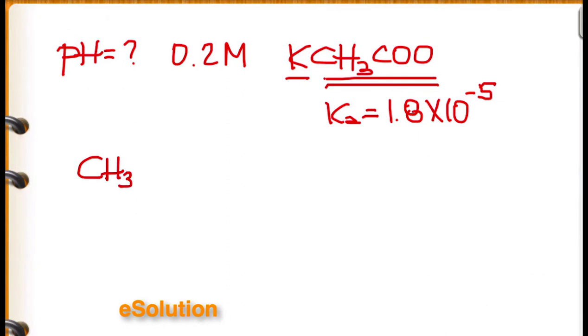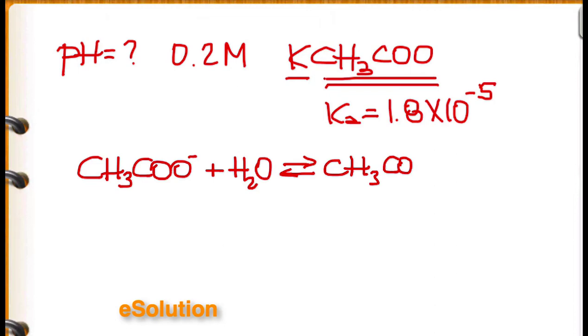The CH3COO⁻ is going to react with water, right? And it's going to generate an equilibrium. And this is going to give CH3COOH, that's acetic acid, plus hydroxide. If you remember well from class, this is exactly Kb, right? In the reverse direction would be Ka, and the forward direction, as written here, is going to be the Kb.